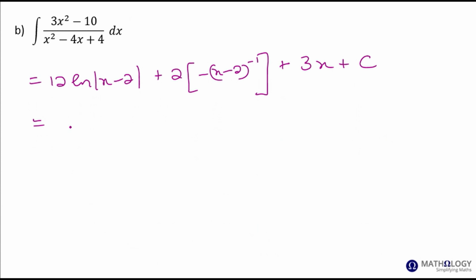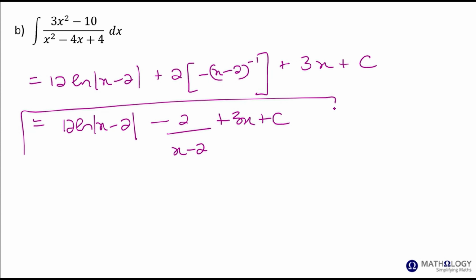Okay, so cleaning that up, we get 12 then x minus 2 minus 2 over x minus 2 plus 3x plus c. That is the final answer.